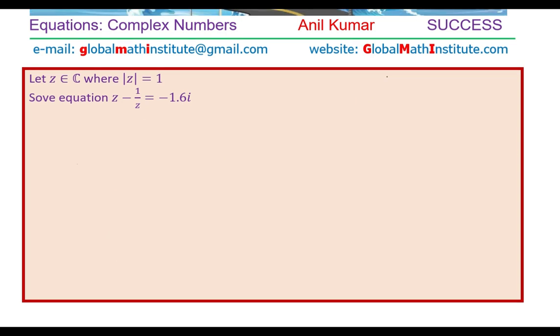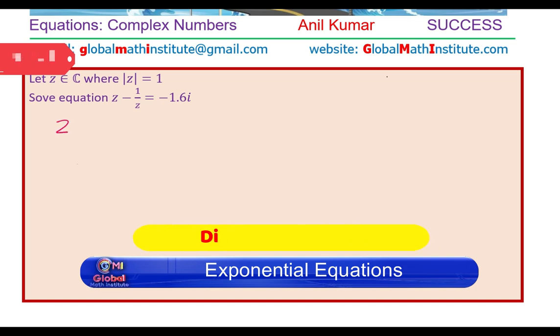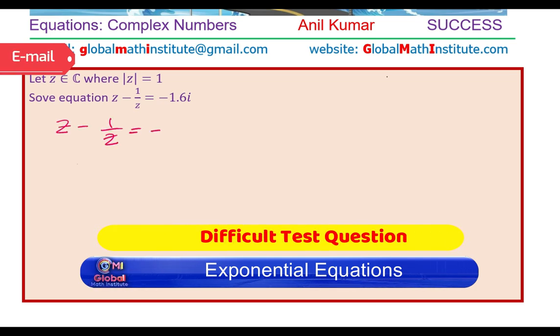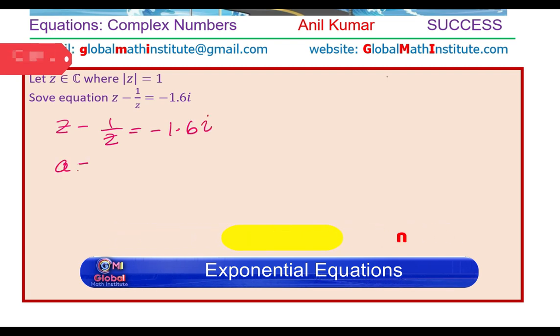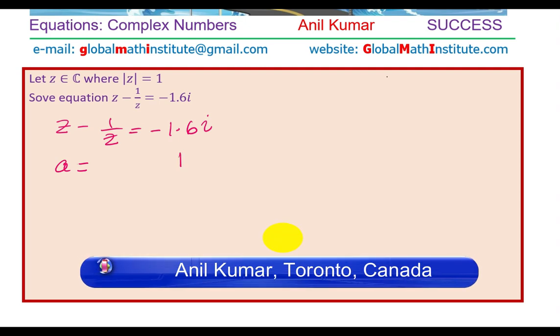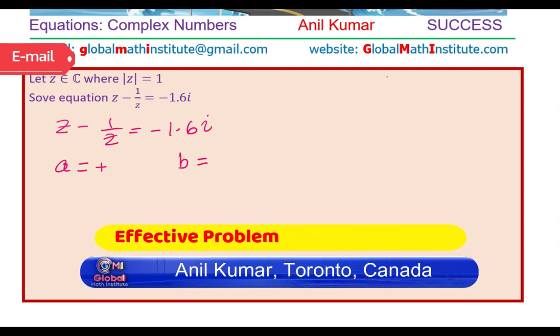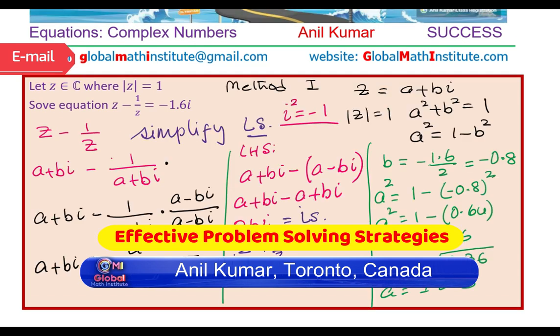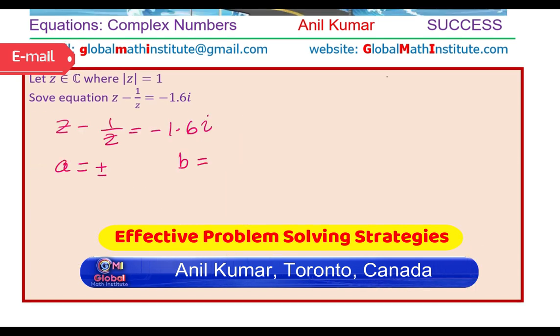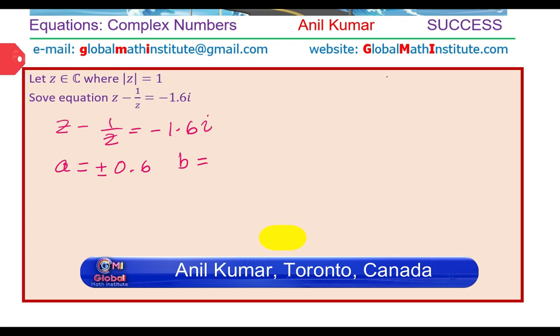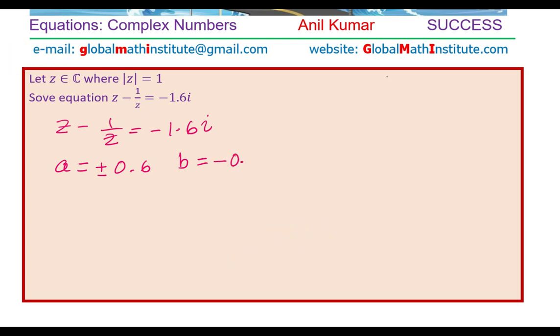So what we just did is we solved this equation z minus 1 over z equals minus 1.6i. We got the value of a and b, correct? So we got two values of a, 0.6 and minus 0.6, and b is minus 0.8, right?